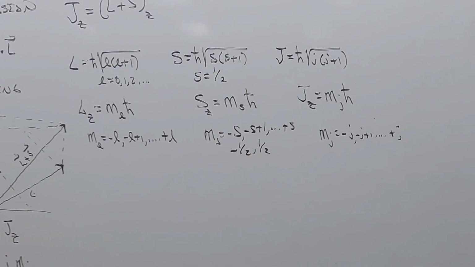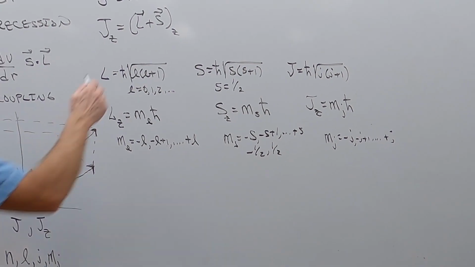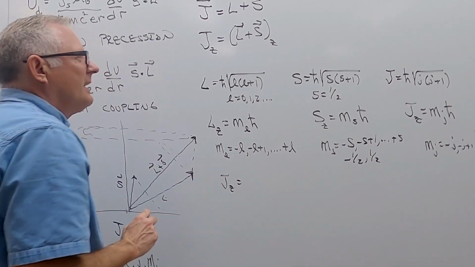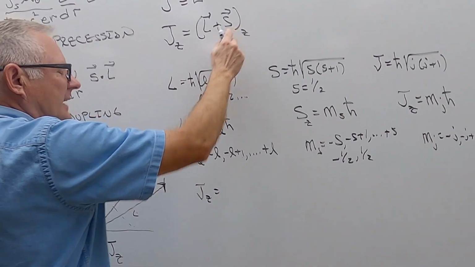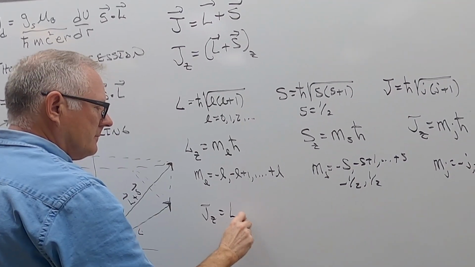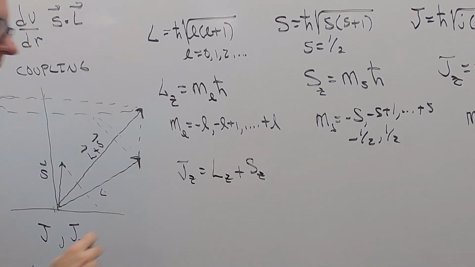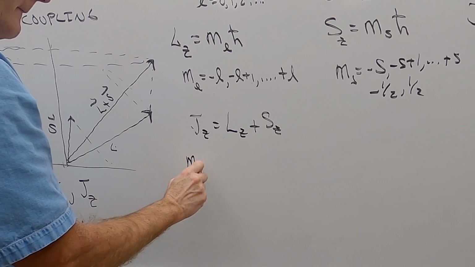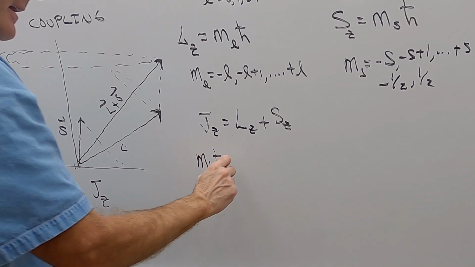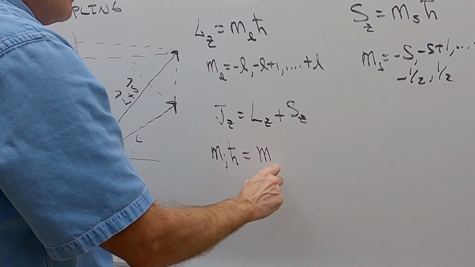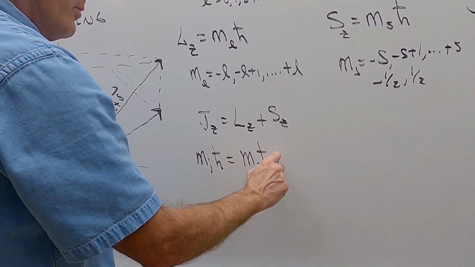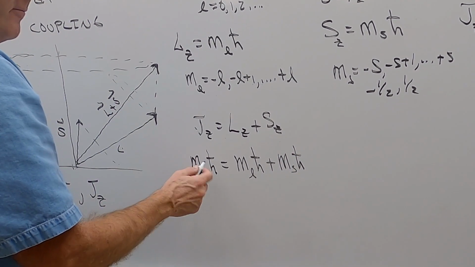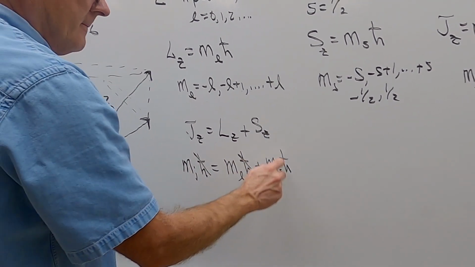So, first of all, we do know that J sub Z is equal to L sub Z plus S sub Z. Well, J sub Z we said was m sub J ħ, which equals m sub L ħ plus m sub S ħ, or we could get rid of the ħ's here for a minute.